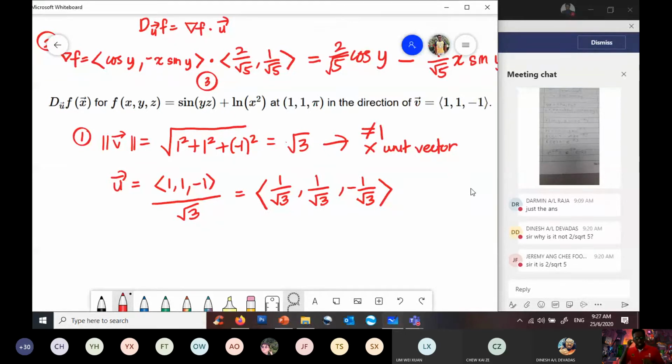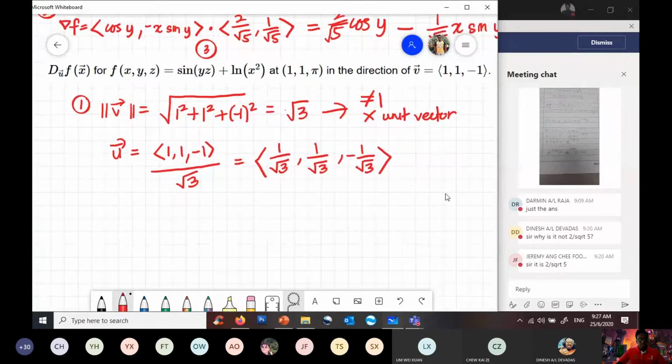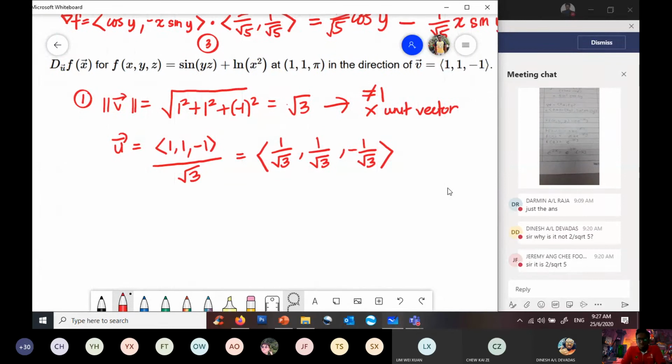If any of you got the answer, let me know in the chat box. I'm doing the partial derivatives here. If you want, you can cross check.